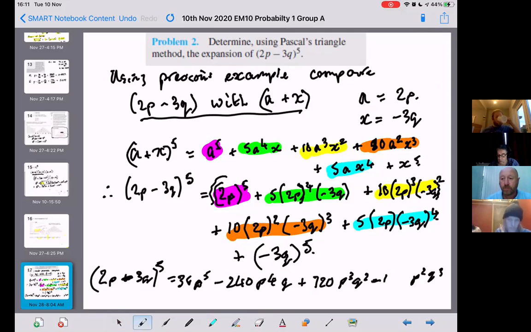That's minus 1080. And then the last term is plus, oh no, plus 810 p q to the 4 minus 243 q to the 5. Right?